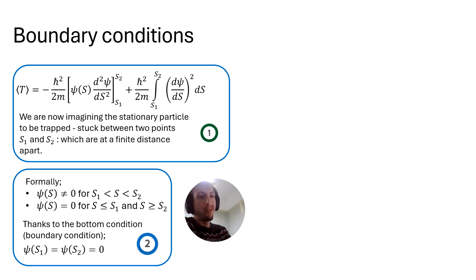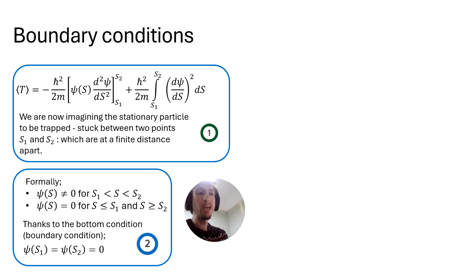And the brilliant thing is, that means if we look at the blue box 1, then our square brackets are going to vanish. That entire term is going to go away, because that term asks us to evaluate psi at S1 and psi at S2.